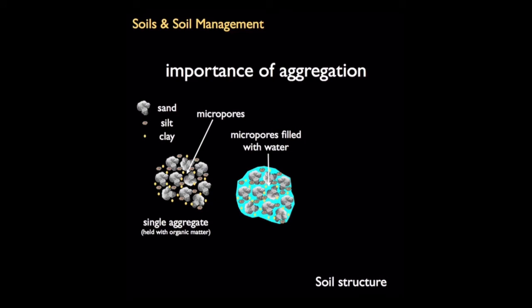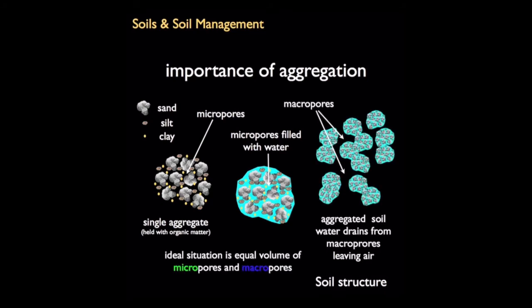Micropores that formed within each aggregate can be filled with water or air after a rain or irrigation event. Macropores form when aggregates clump together. The blend of macro and micropores in aggregates gives an excellent balance of pore types for crop growing.